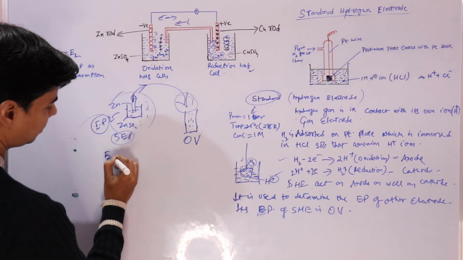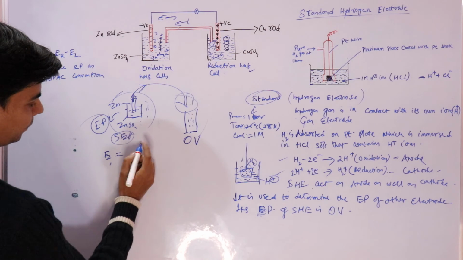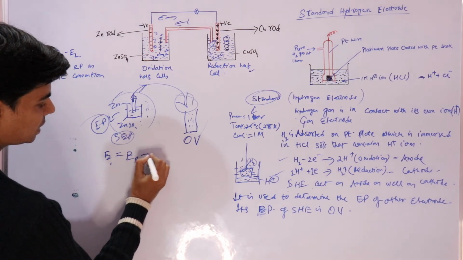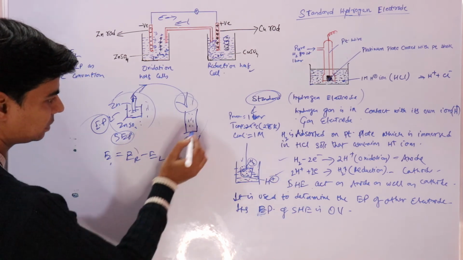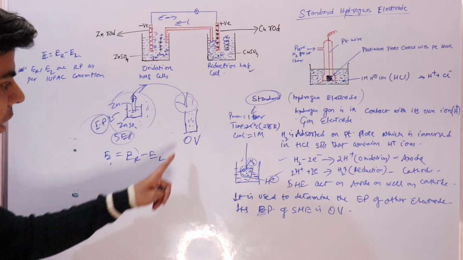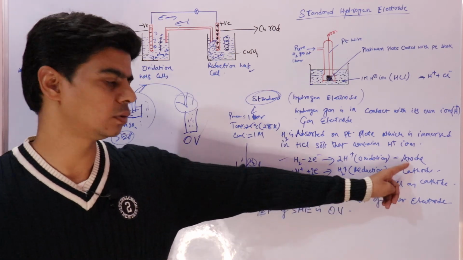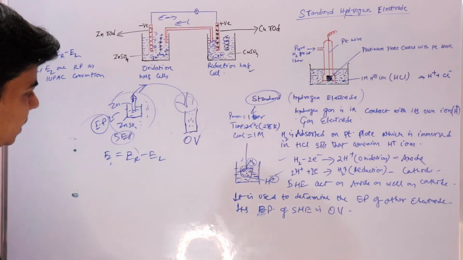Like if this is the EMF or the potential difference of this cell, which is ER minus EL, right? ER is, say, reduction is taking place at hydrogen electrode, because we know that hydrogen electrode can act as cathode as well as anode. So let's suppose its reduction is taking place here.